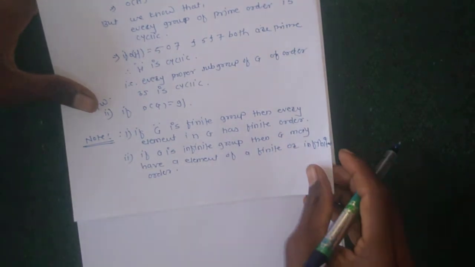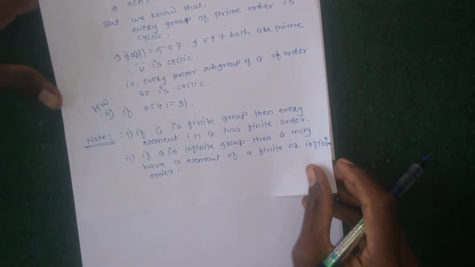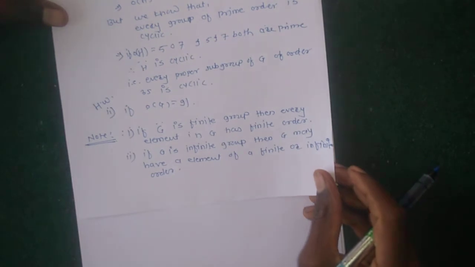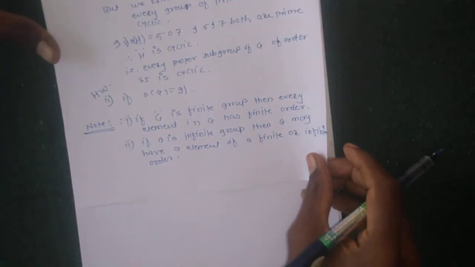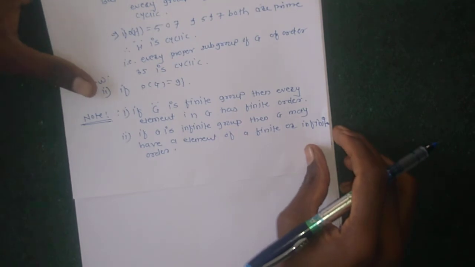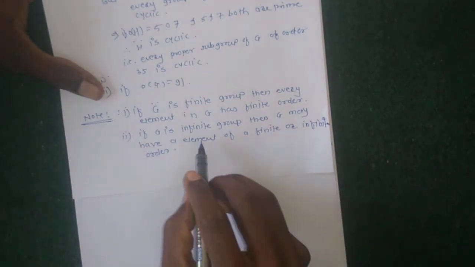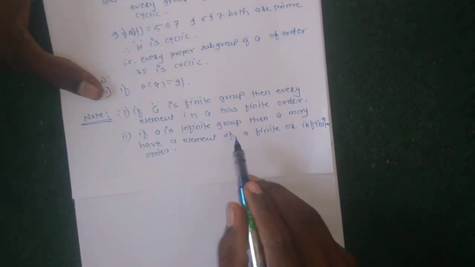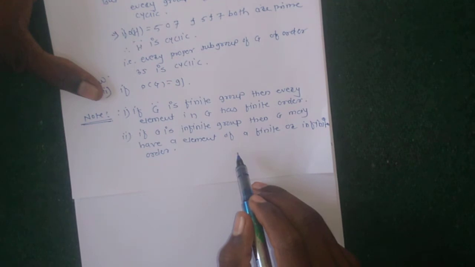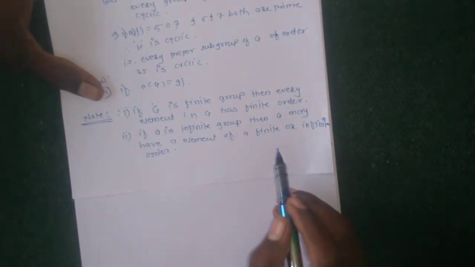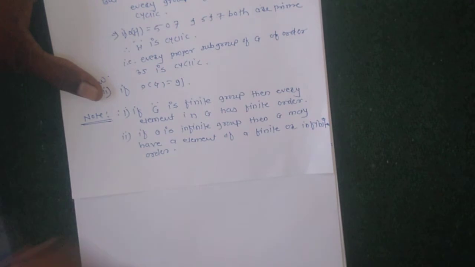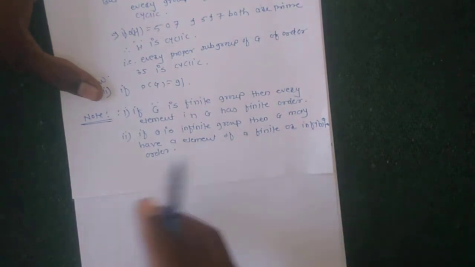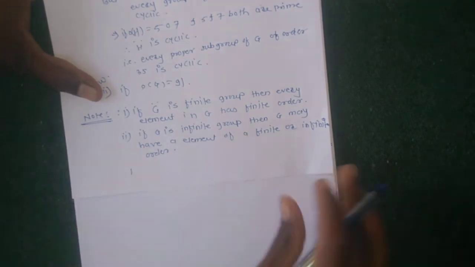If order of G is infinite, then the orders of elements of G are finite or infinite. For example, suppose G is the set of real numbers. Then 1 and minus 1 have finite order, and other elements have infinite order. So G is an infinite group, and G has elements of finite or infinite orders. Then next theorem.